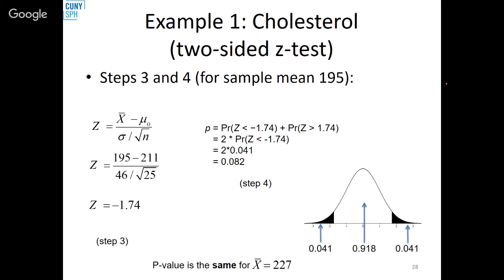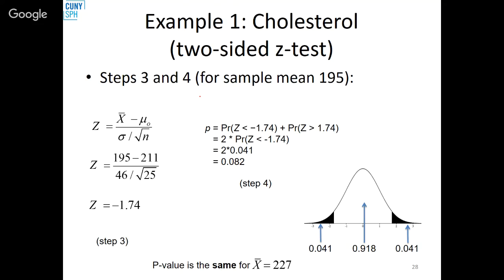Wouldn't it be rejected because it's 0.08, it's higher than 0.05? It's not rejected because 0.08 is higher than 0.05. Yeah, that's important. So this is the probability of observing a mean cholesterol that is this far from the expected amount by chance.